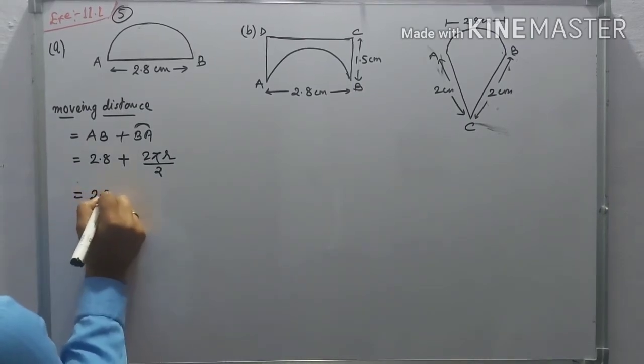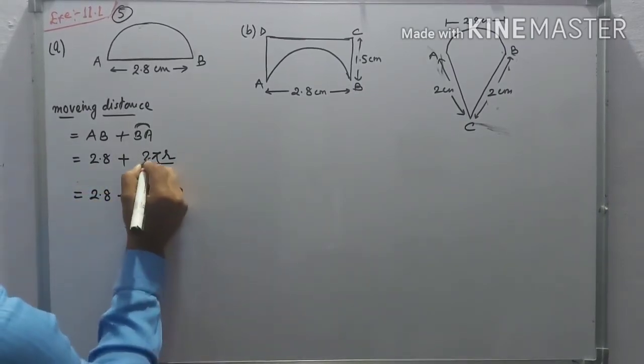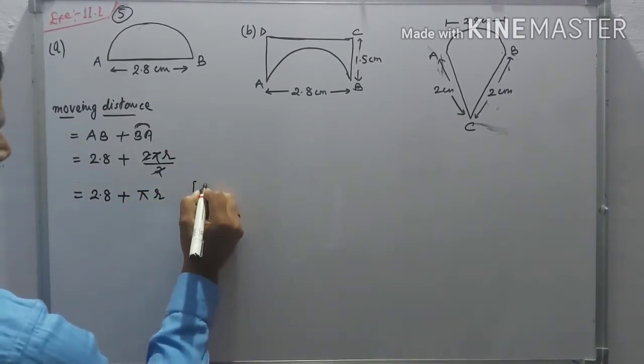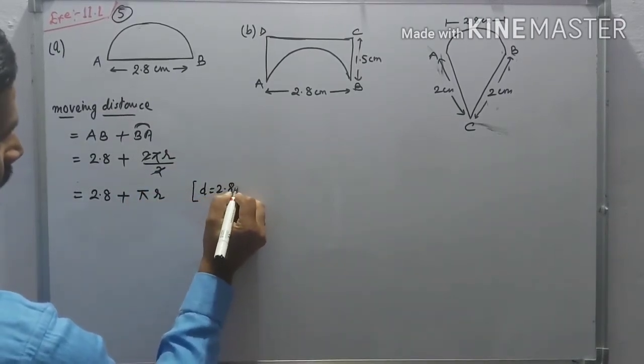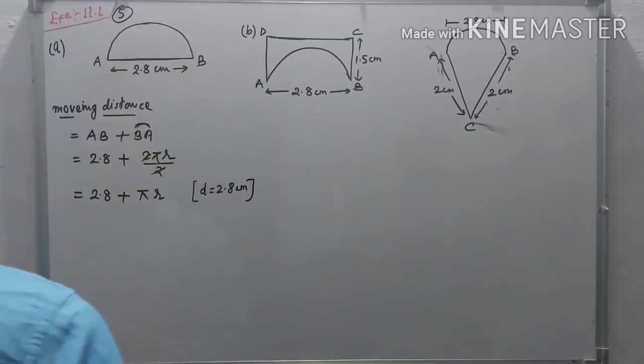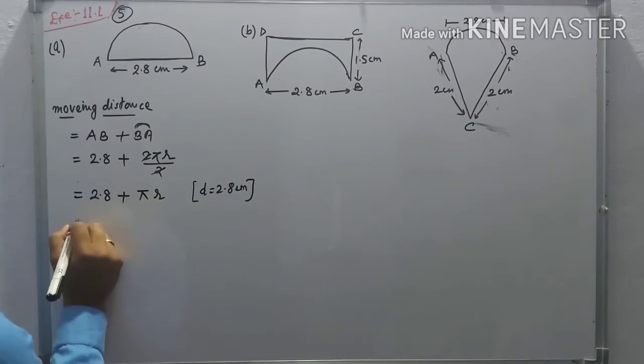Now 2 cancels with 2, leaving πr. The diameter is 2.8 centimeters, and the radius is half of the diameter.